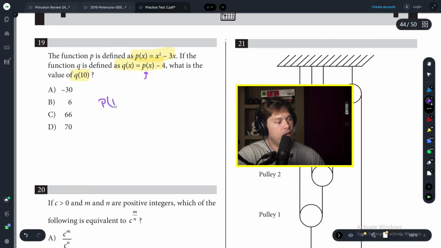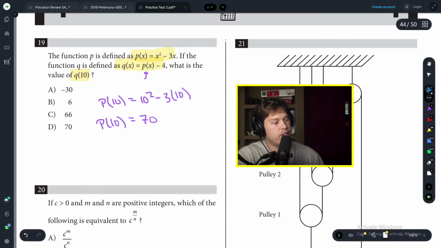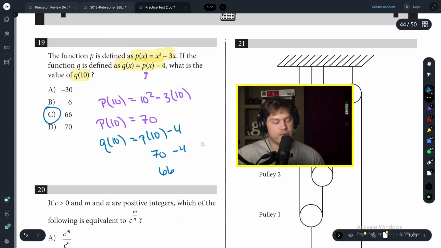So p of 10 equals 10 squared minus 3 times 10, which is 100 minus 30, which is 70. So p of 10 is 70. And so our q of 10 is going to equal our p of 10 minus 4, which is 70 minus 4, which is 66, choice C.